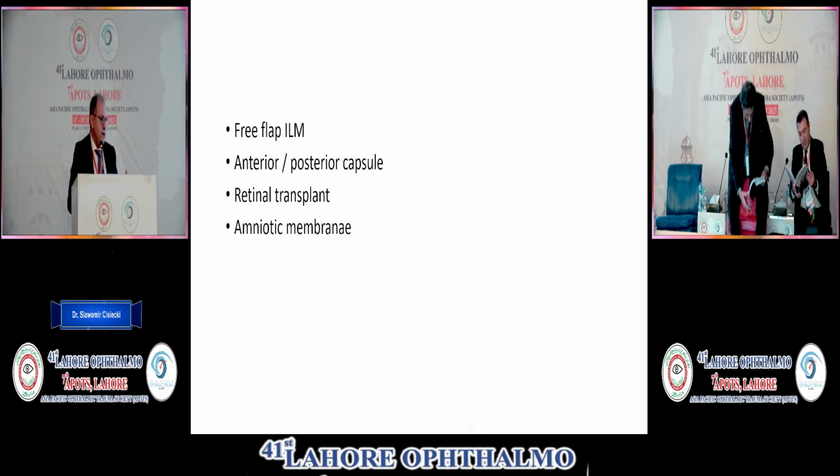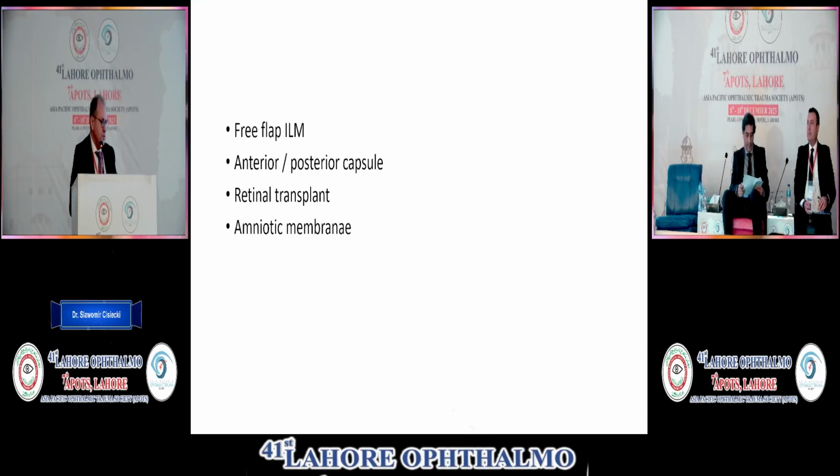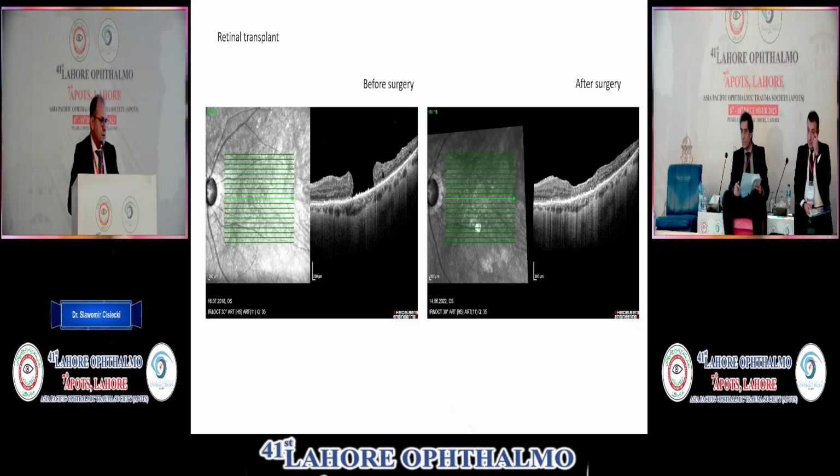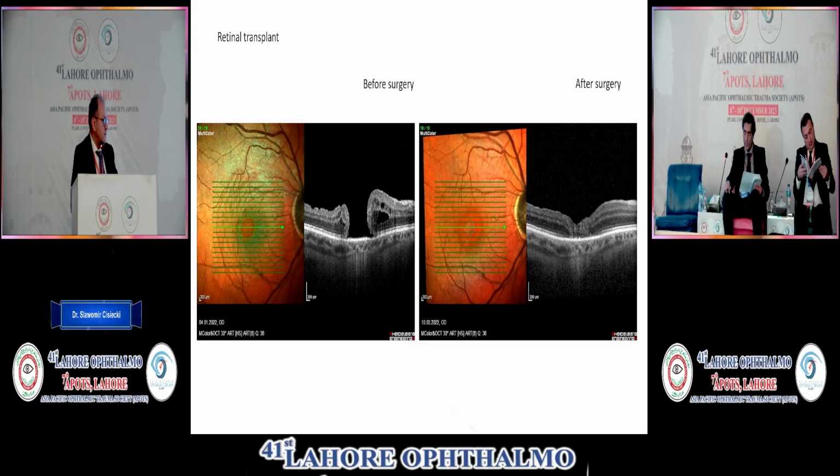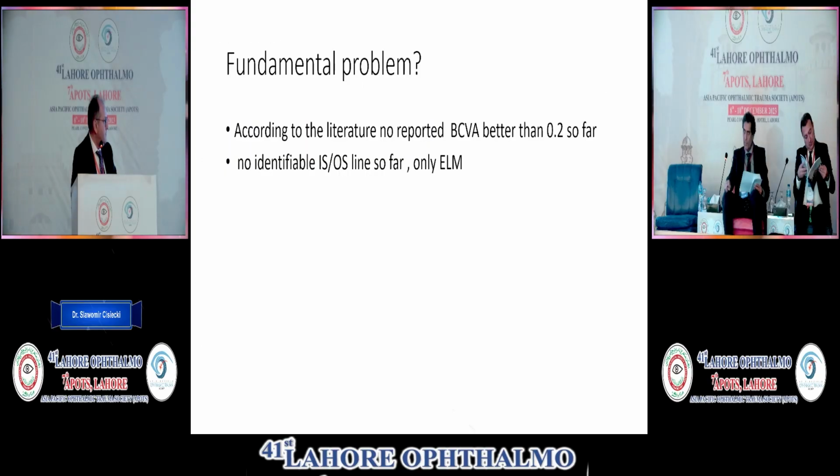Of course, we have the free ILM flap, we have anterior and posterior capsule, we can grab some retina from the periphery to close the hole, and we have amniotic membrane and also autologous plasma. With the retinal transplant, of course, the images look beautiful after the surgery, but the fundamental problem is that, according to the literature, we are not able to identify the IS-OS line, only the external limiting membrane.